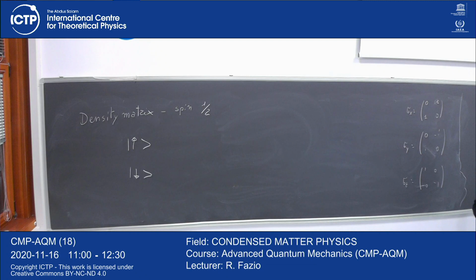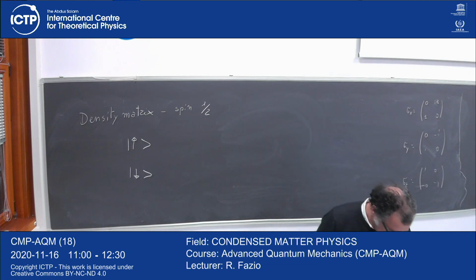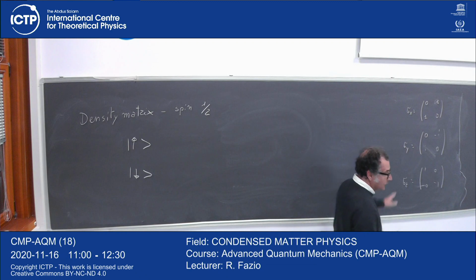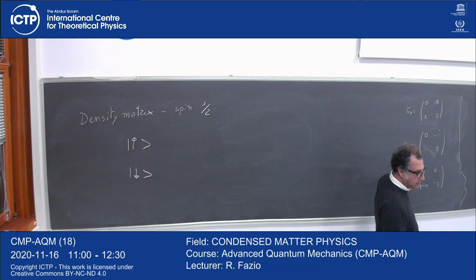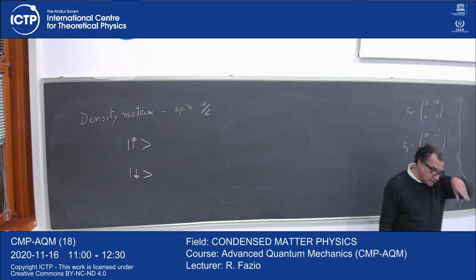Do you know this? Do you know these matrices? Yes. Okay. So, for a spin 1/2, the density matrix is a 2 by 2 matrix.